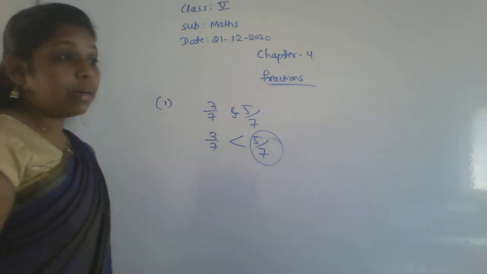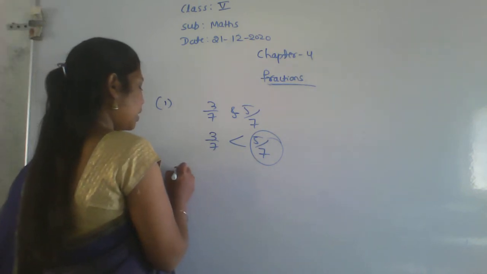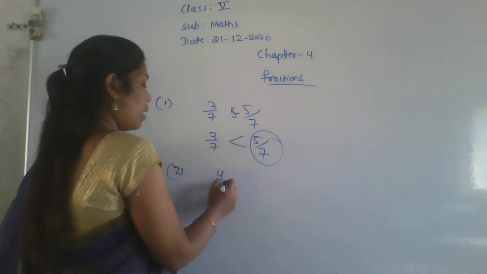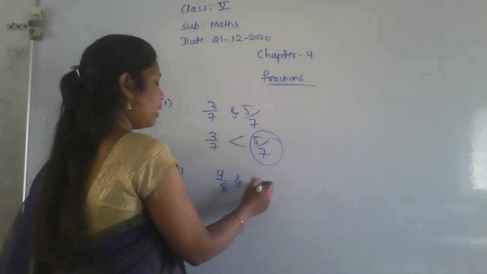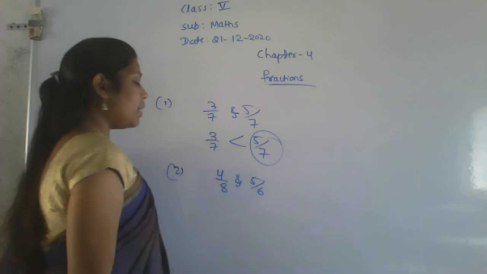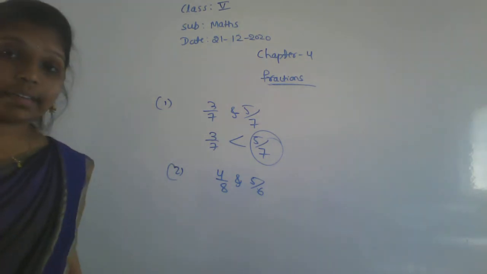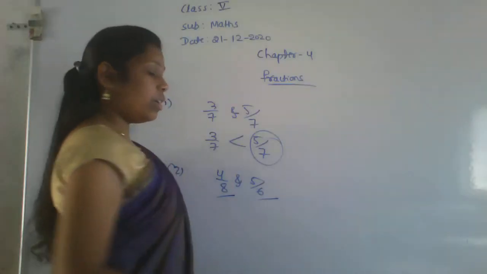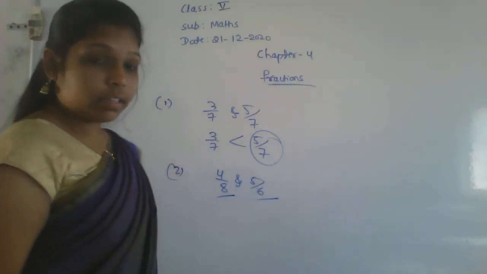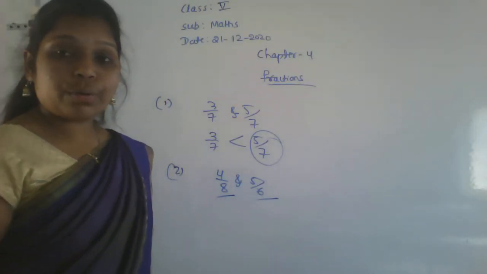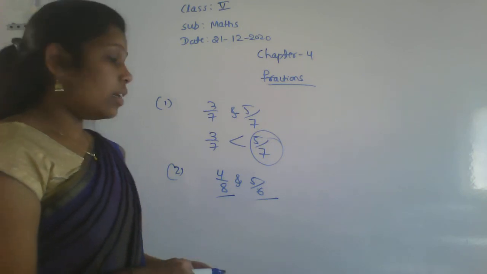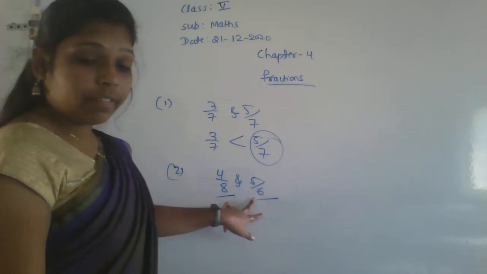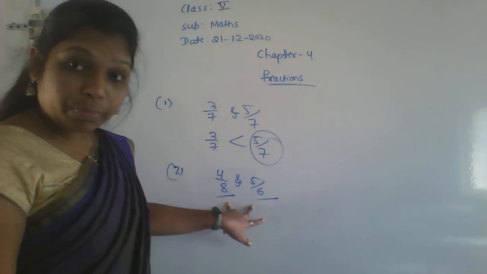Okay. So if both denominators are the same, then we can conclude 5 by 7 is the greater value. But if the denominators are different, see here, 4 by 8 and 5 by 6. Compare these two. Which one is the greater? They are asking here. Okay. So here the denominators are not equal, so for that reason we first have to make the denominators equal by multiplying with some numbers.